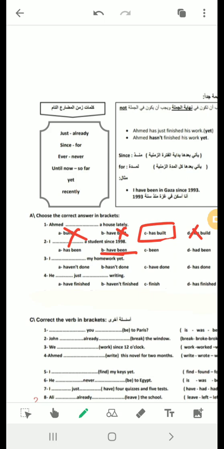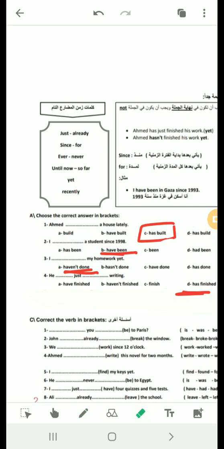Yet comes at the end of the negative sentence. So haven't or hasn't, I haven't done. He space just space writing. He have finished, haven't finished, finish, has finished. He needs has, so has finished. This is the answer.